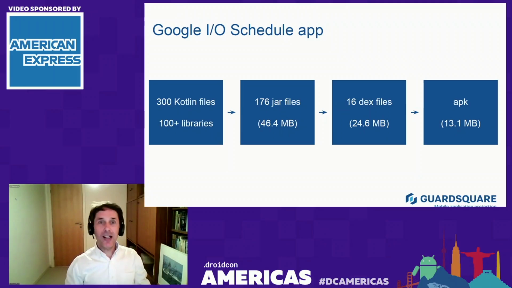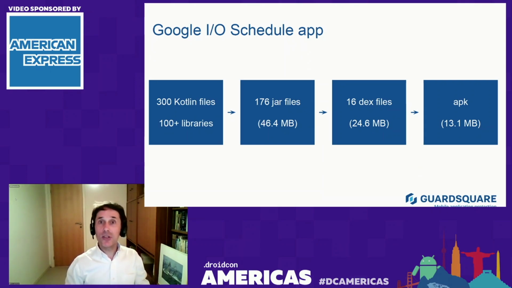Throughout the presentation, I'll be looking at the Google I/O scheduling app as a sample. This is a well-known app, and in its latest version, this is entirely written in Kotlin. So it has about 300 Kotlin source files, and it relies upon more than 100 libraries.